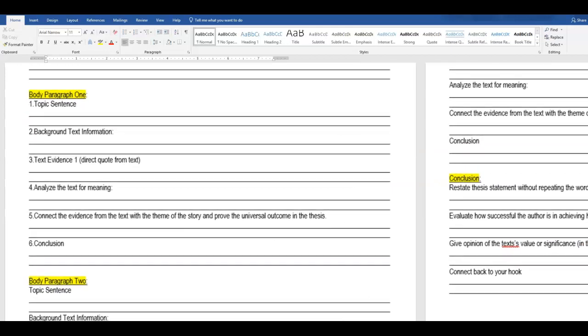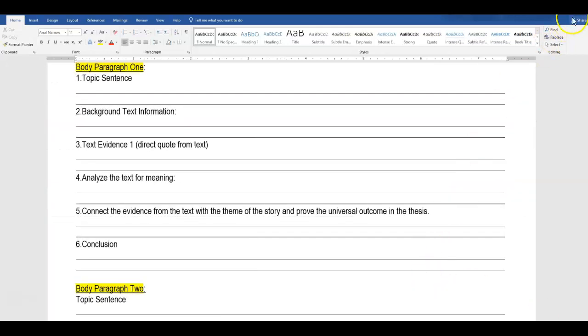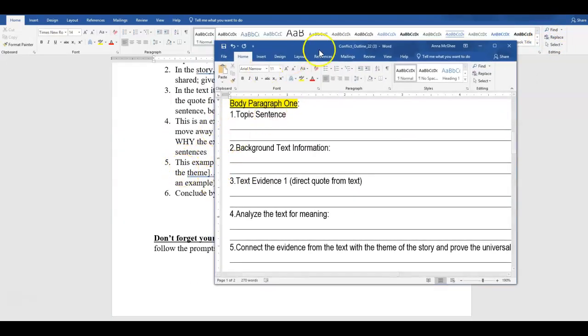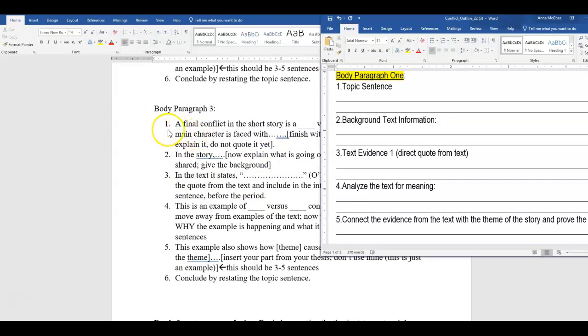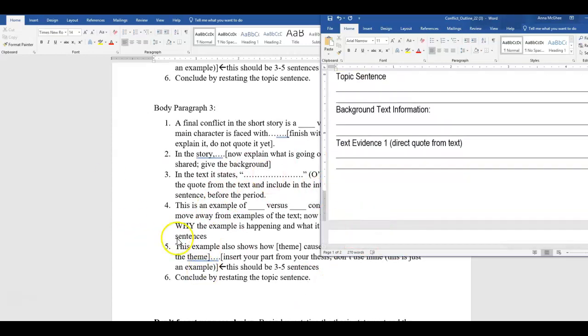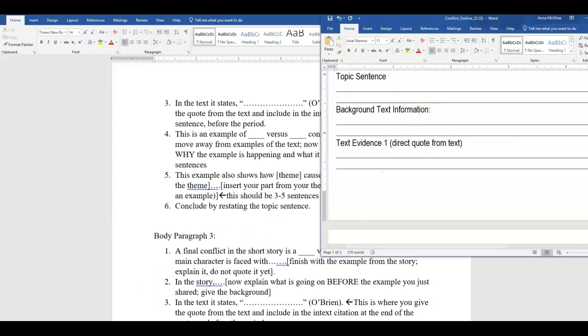Let's make this a little bit bigger. Okay. So if I'm looking at the outline against the how to write sheet, all you have to do is put number 1 with number 1, number 2 with number 2, number 3 with number 3, 4, 4, 5, 5, and 6, 6. It goes all the same with the outline.